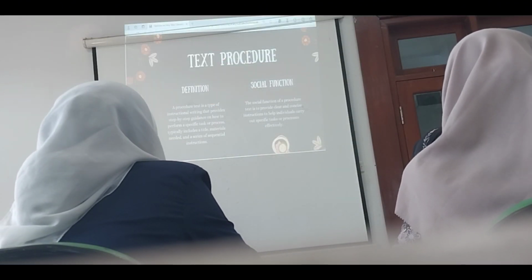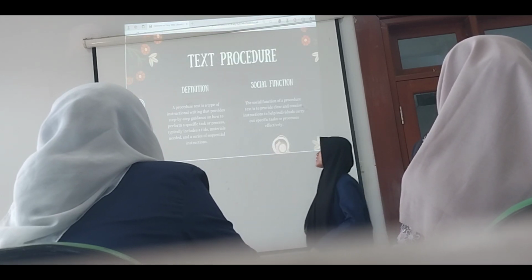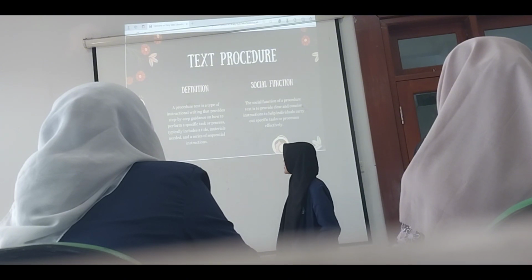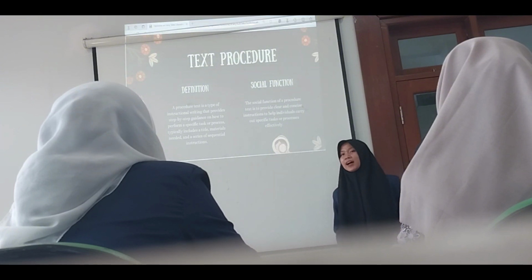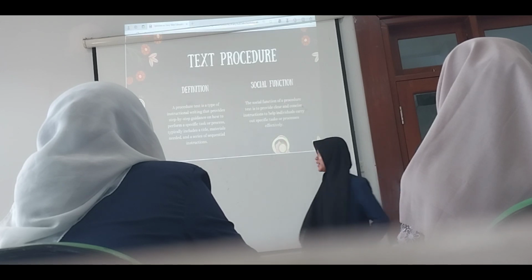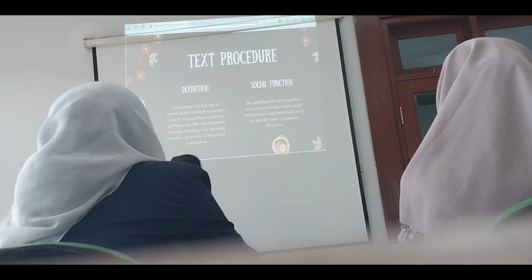Now, the definition of procedure text. A procedure text is a type of instructional writing that provides step-by-step guidance on how to perform a specific task or process. Typically, it includes a title, materials needed, and a series of sequential instructions.